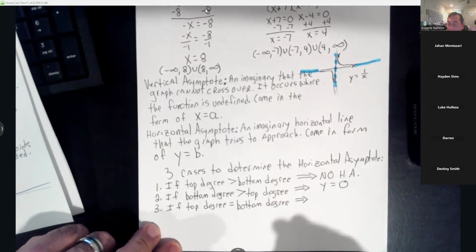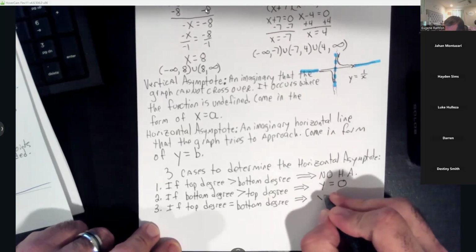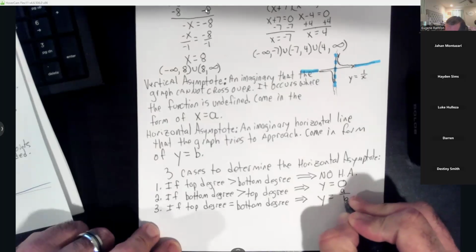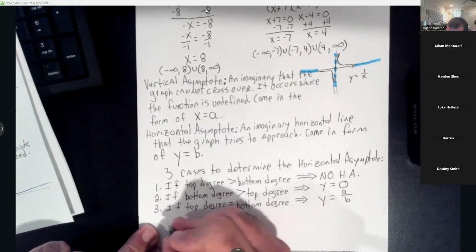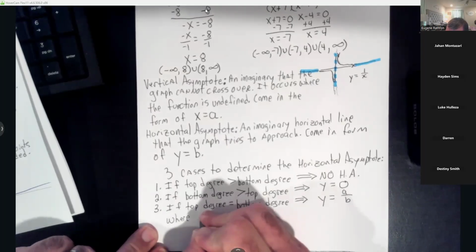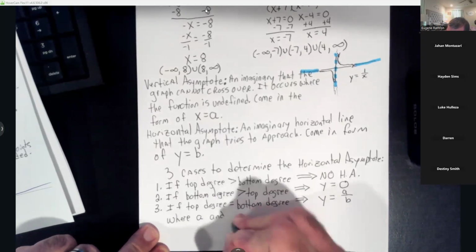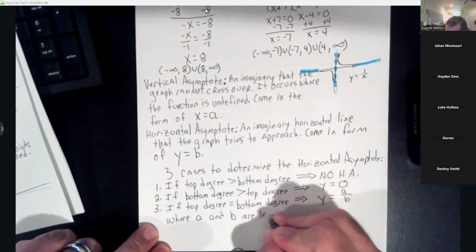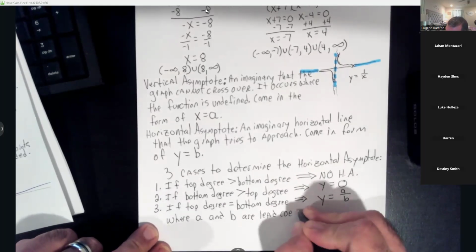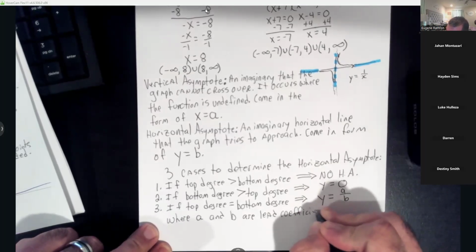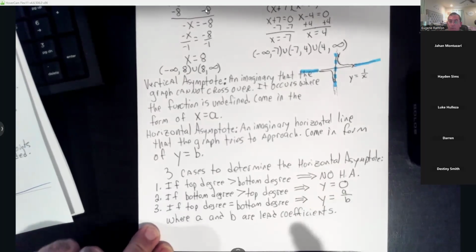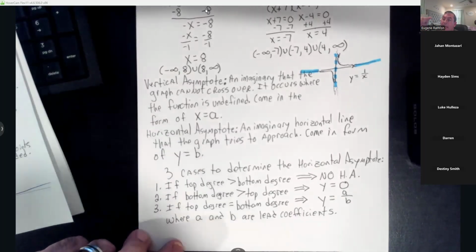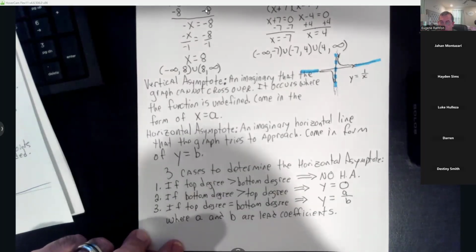If you have that case, then your asymptote will be y equals a over b, where a and b are the lead coefficients. So y'all, the lead coefficients are the numbers in front of those variables that have the highest exponents, okay?